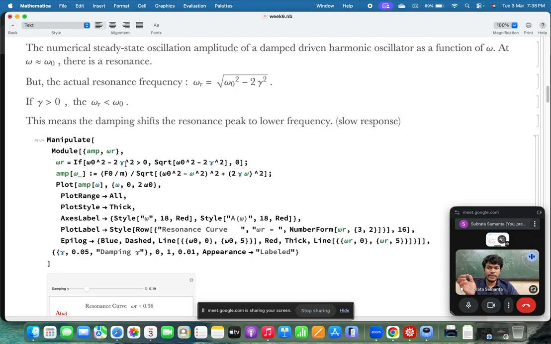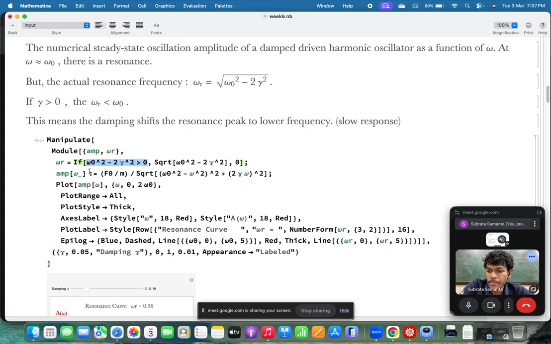Basically, if this is negative, then the result is imaginary, so I just put 0. If this is less than 0, we cannot calculate the square root, because the square root gives you an imaginary number. That is why, if the condition is false, it returns 0, such that there is no issue with the calculations.